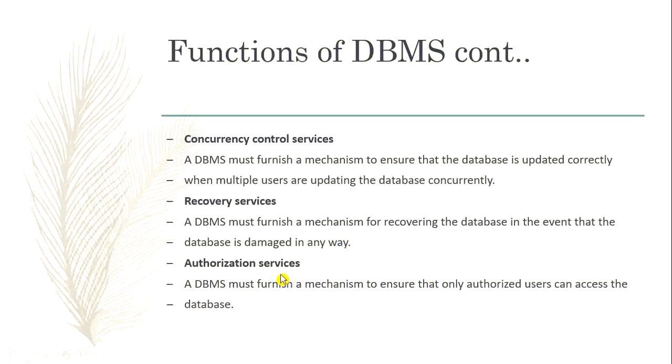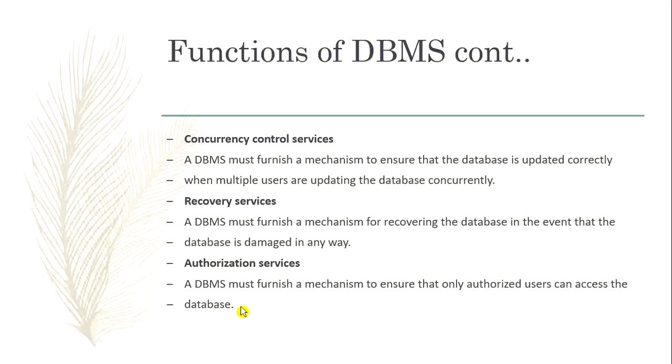Next, authorization services. A DBMS must furnish a mechanism to ensure that only authorized users can access the database. So, of course, we don't want all the users to access all our data.